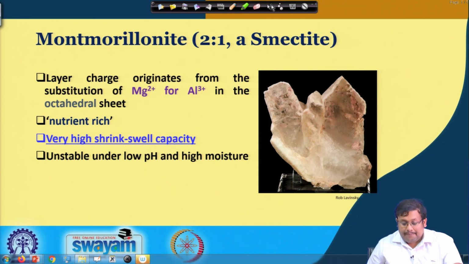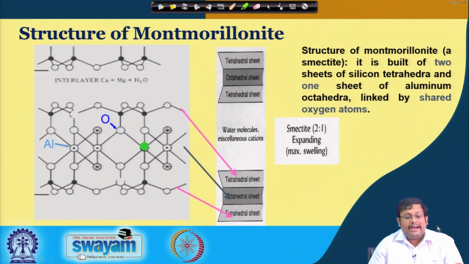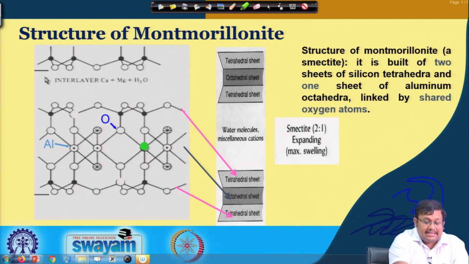So, if we go ahead and see the structure of montmorillonite, this is what the structure looks like. Basically, if you see, this is one layer and this is another layer, and in this 2:1 type of layer you can see at the octahedral layer one aluminum.